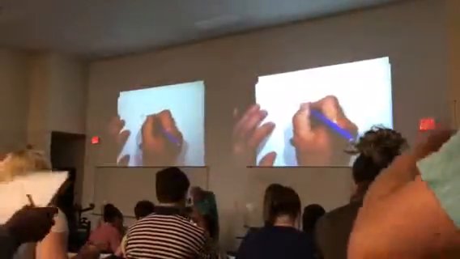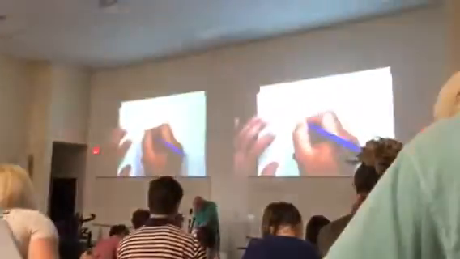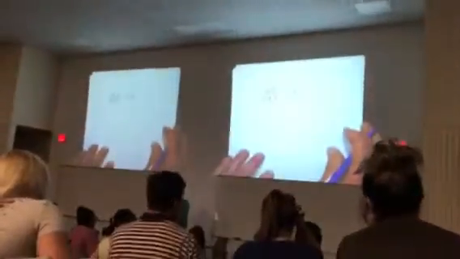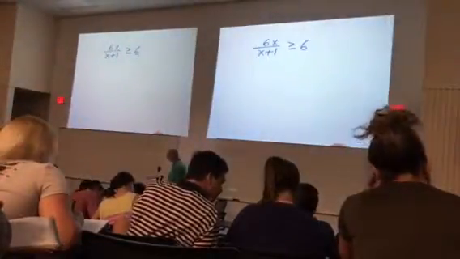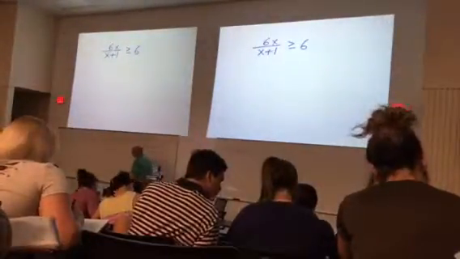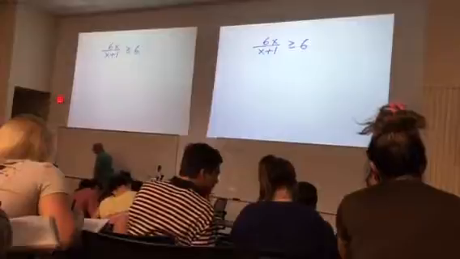Alright, the other one you better review. 6 over x plus 1, greater than or equal to 6. These are nonlinear inequalities where you need to run those test points.